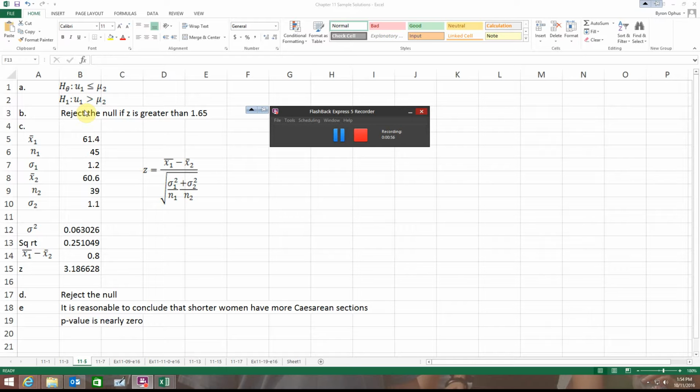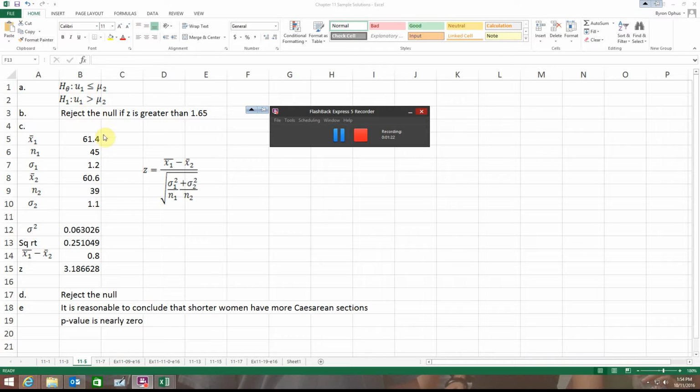Okay, so we put in that mean, and then it gives us our standard deviations. It says, let's see, assume that the population of heights of normal deliveries has a population standard deviation. Our first one was the normal delivery, so our standard deviation sub 1 is 1.2, and our standard deviation sub 2, if you read further, is 1.1 inches.